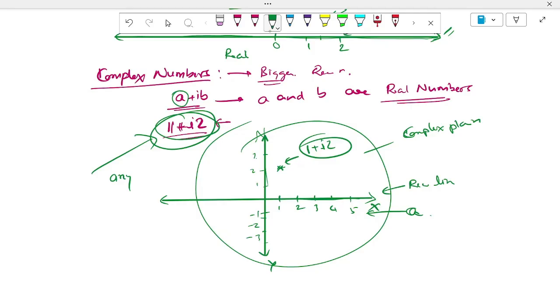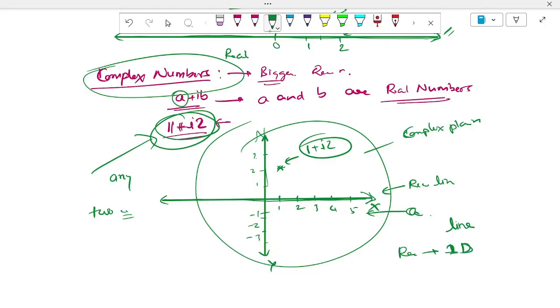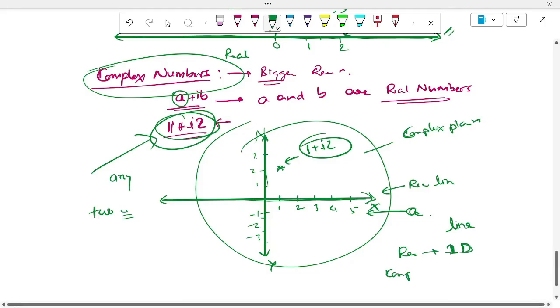You will require two axes. Two axes are required to represent complex numbers. For representing real numbers, you will require only one line. So real numbers can be represented in 1D, one dimension. But to represent complex numbers, you will require two dimensions, that is, both an x-axis and y-axis.